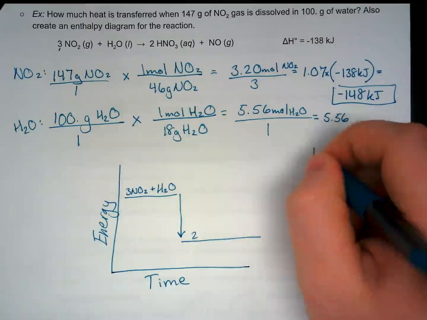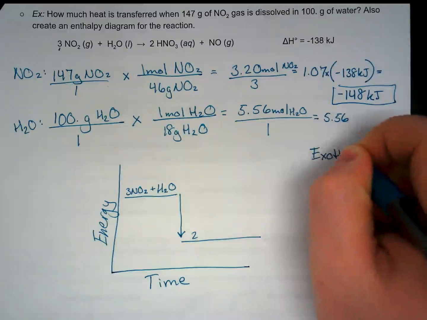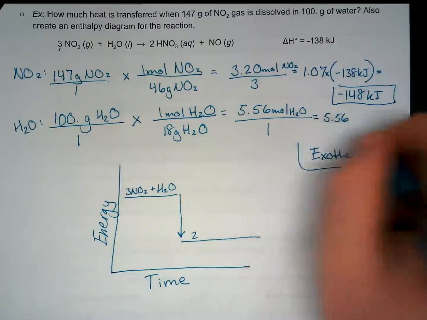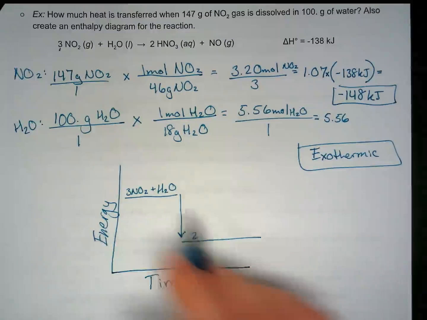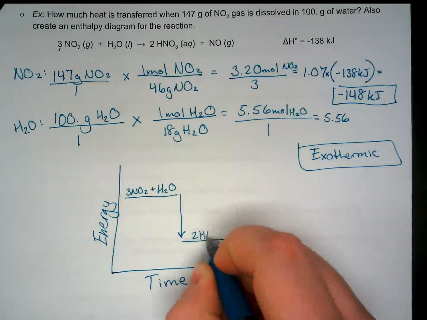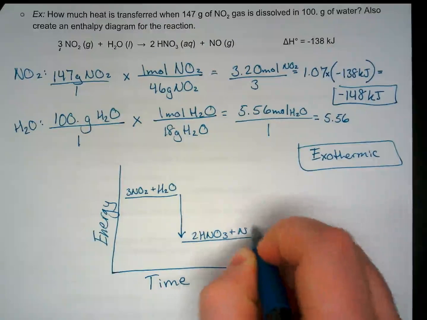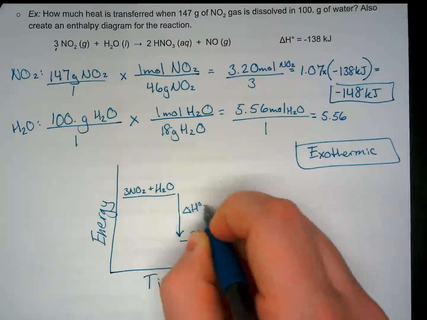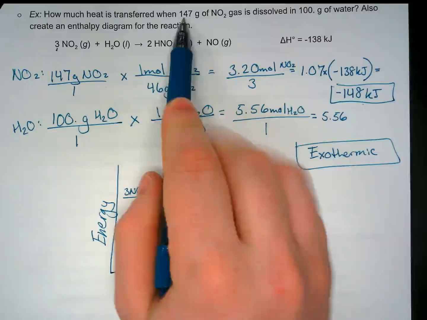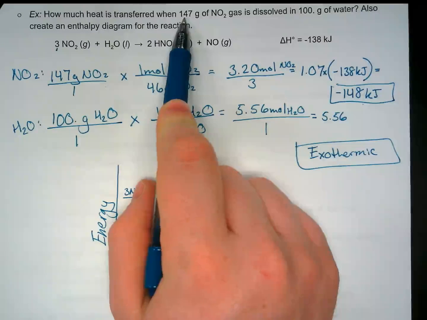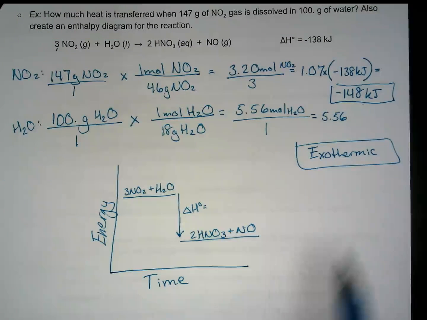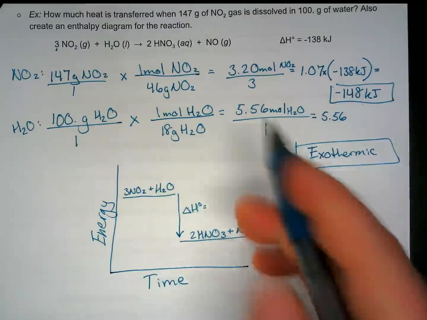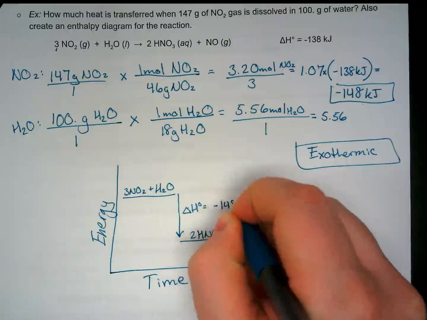So this is an exothermic reaction, and we're going to lose energy in this system. In this case, how much did we lose? Well, if we inputted the 147 grams of nitrous oxide with an abundance of H2O, here is how much we're going to lose, negative 148 kilojoules.